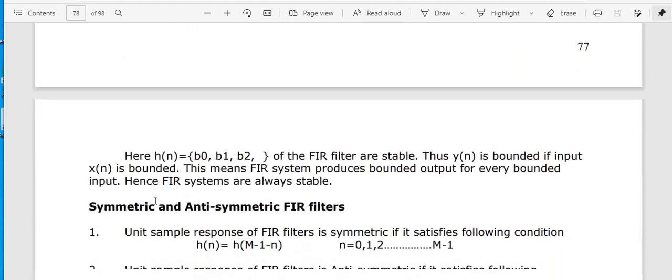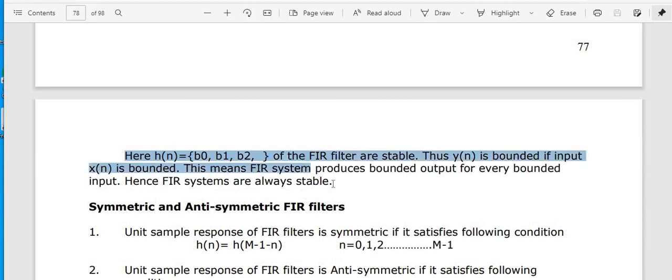The system is stable if and only if it produces bounded output for every bounded input. By this definition, if I substitute the values, we don't have infinity but 0 to M minus 1; my output y of n depends upon h of n. So h of n, b0, b1, b2, b3, and so on, are stable. That is the reason y of n is bounded if input x of n is bounded. This means the FIR filter produces bounded output for every bounded input. Hence, FIR systems are always stable.